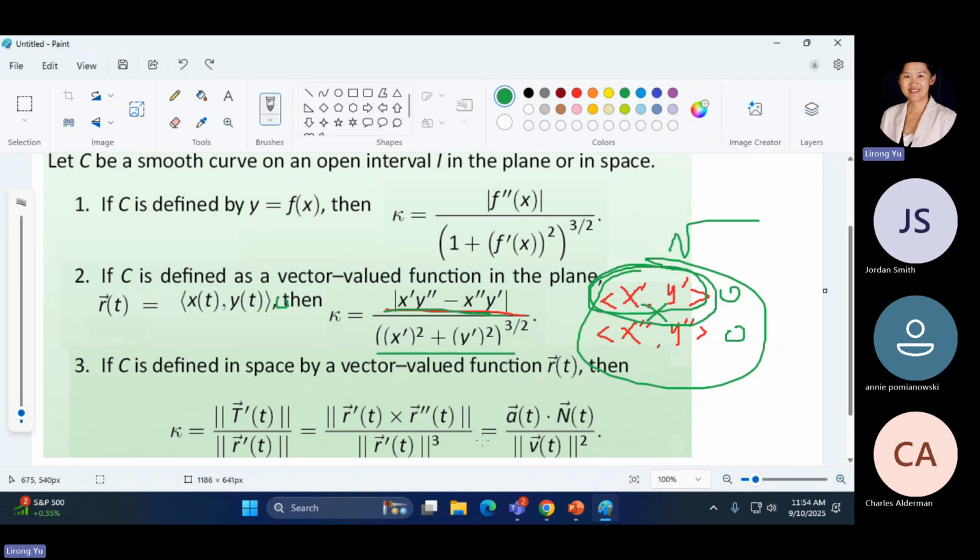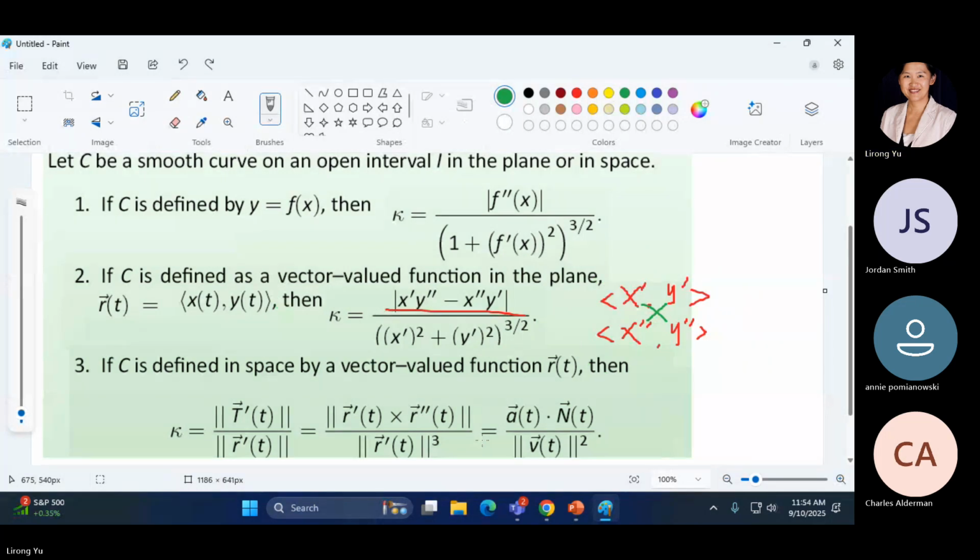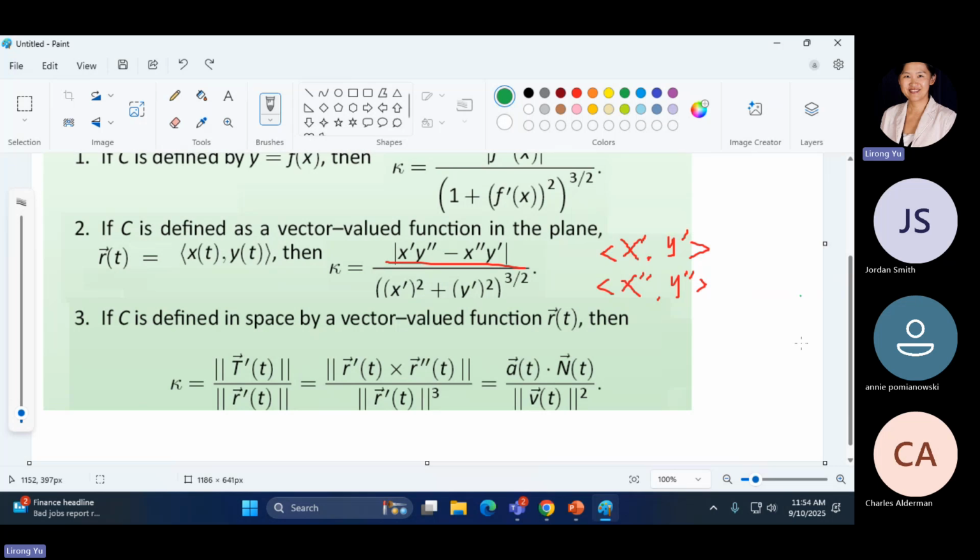In a sense, all three formulas are slightly related to each other. So that was the two-dimensional formula. The numerator is the magnitude of the cross product between the first derivative vector and the second derivative vector, and the denominator is the cube of the magnitude of the first derivative vector.